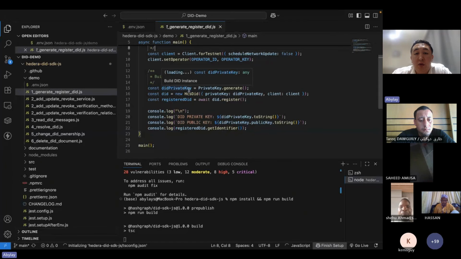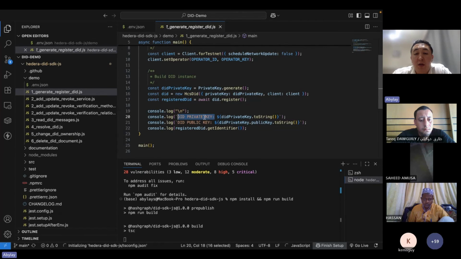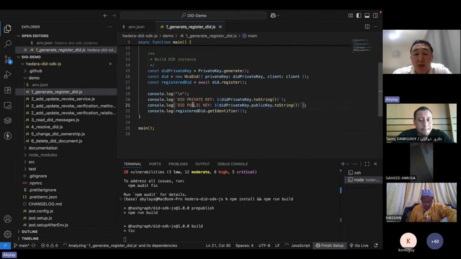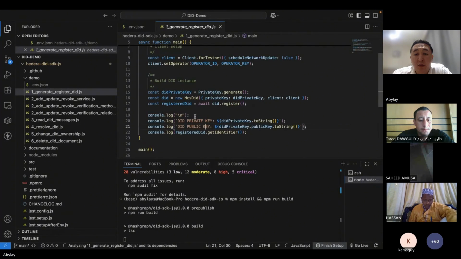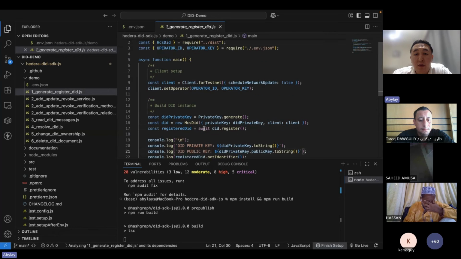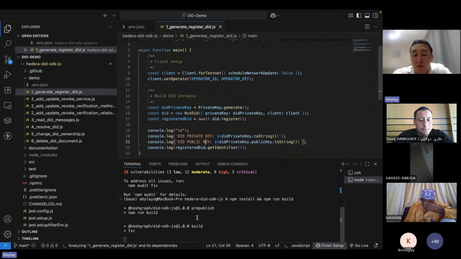It builds a DID instance, so we are generating the DID decentralized identifier, its private key and public key. And at the end, it should print your DID decentralized identifier and your public key. Basically, it's a very small script.